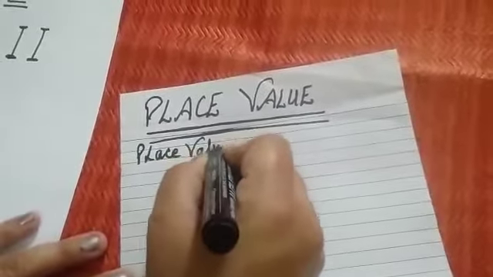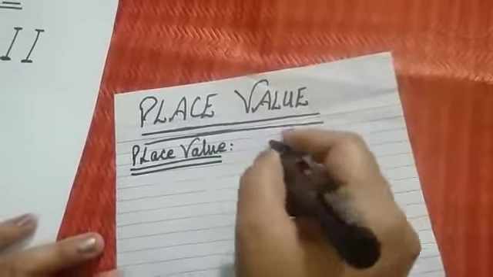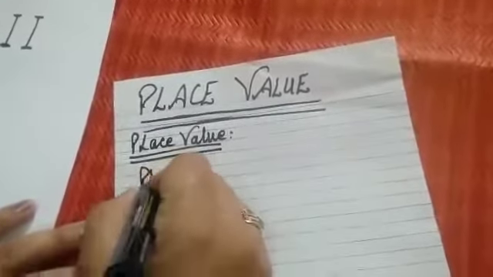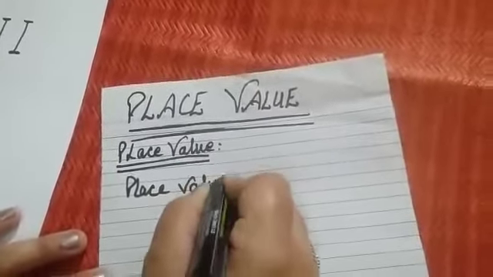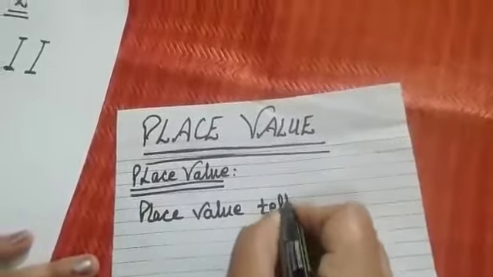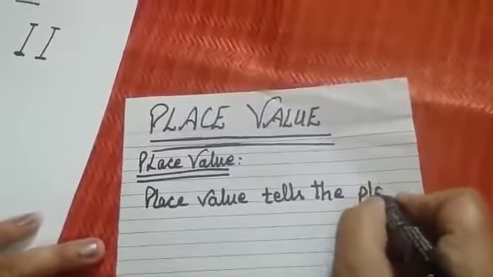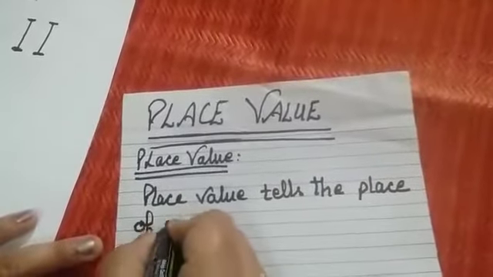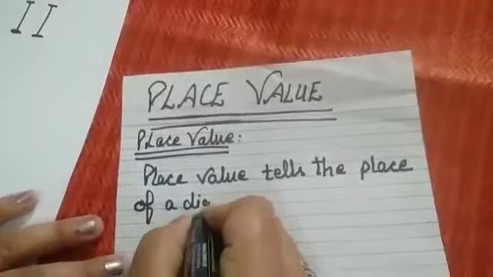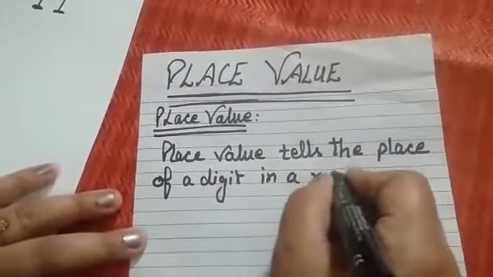Place value. Place value tells the place of a digit in a number. Right?